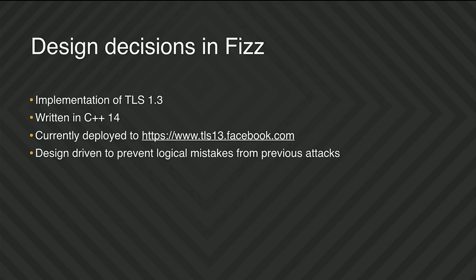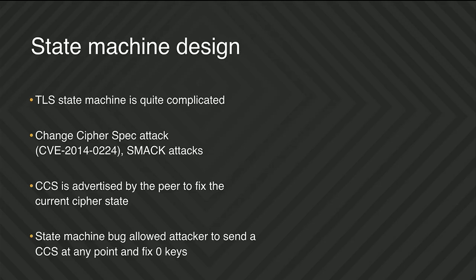As I've said before, we've designed it to prevent logical mistakes. One of the classes of attacks in TLS in the past was state machine attacks. The TLS state machine is quite complicated. Academics like to refer to it as an unbounded state machine, with many, many games you can play with it. For example, in the past there were attacks on previous implementations like OpenSSL, such as change cipher spec.